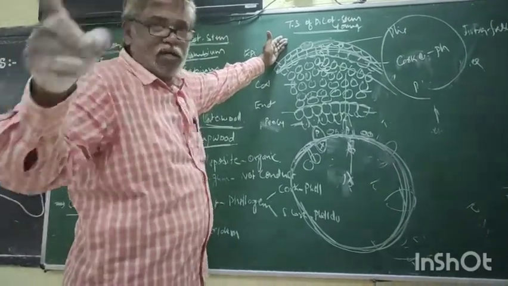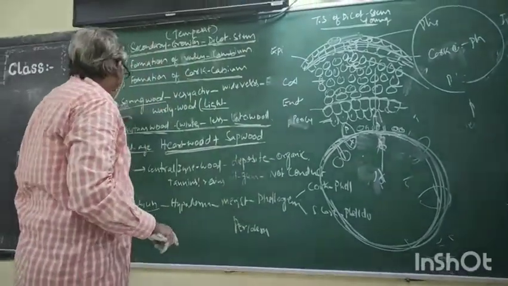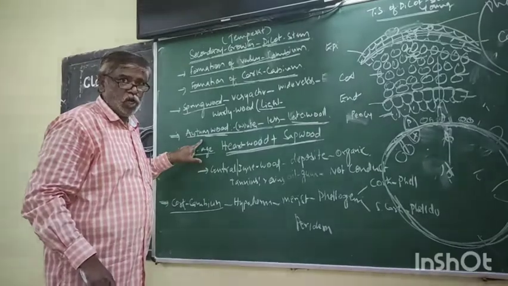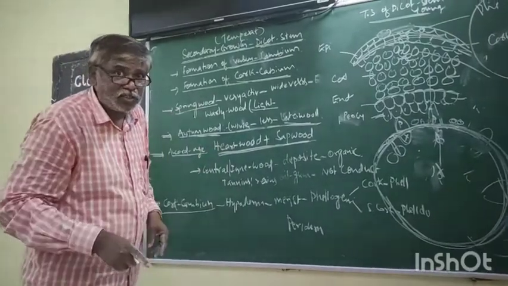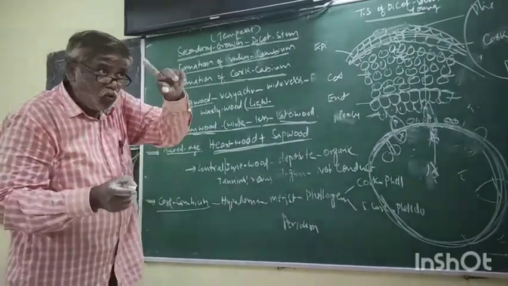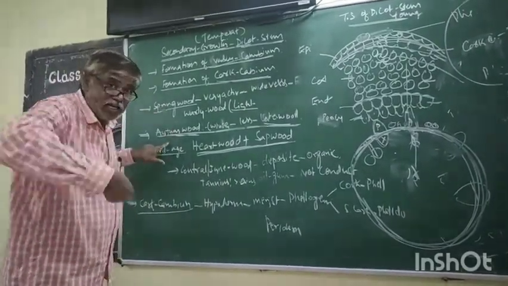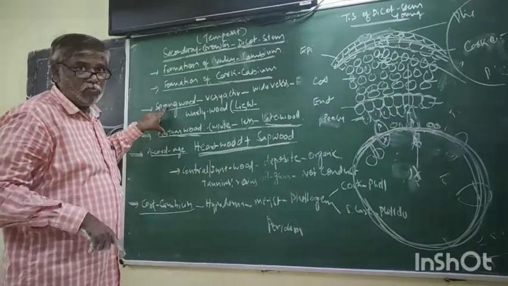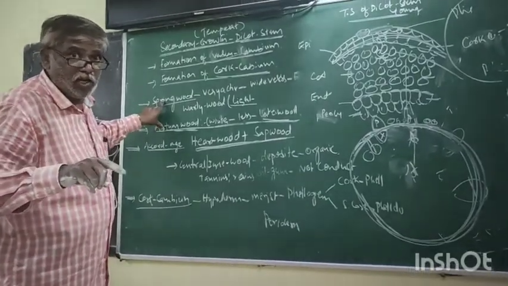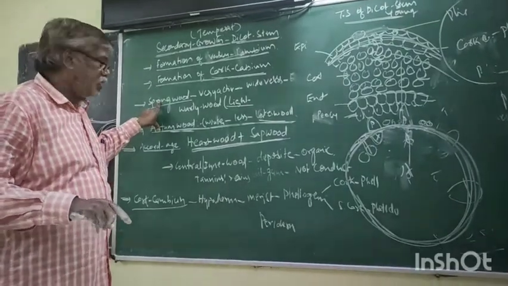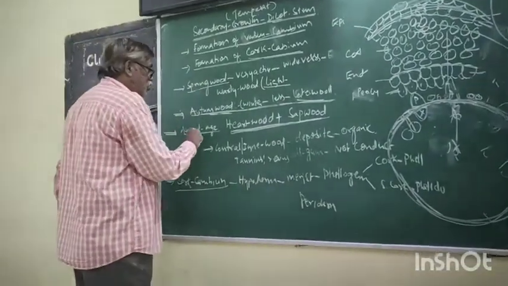In one year, springwood and autumnwood both occur, which appear like annual rings. One annual ring contains a circle of springwood and a circle of autumnwood. Based on these annual rings, we can determine the age of the plant.